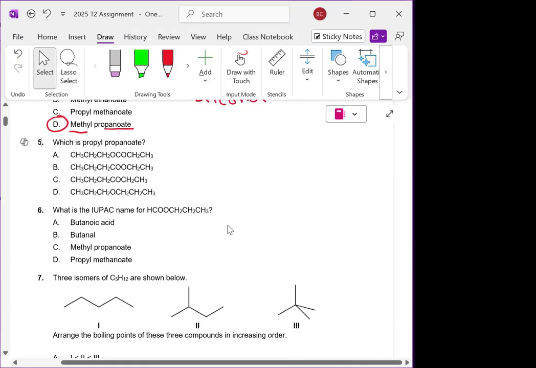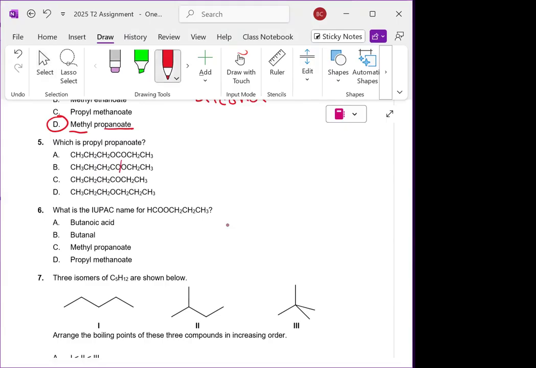Okay, next, which is a propyl propanoate? We need to cut first at the COO. If we cut at the COO, it will look something like this. And this is an OCO, so most probably if we cut, it may be like this. And this one is a ketone. We don't see COO, we see CO, so it's a ketone. And this one, we only see an O, so this is an ether.